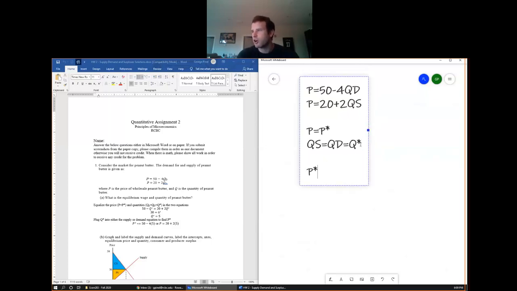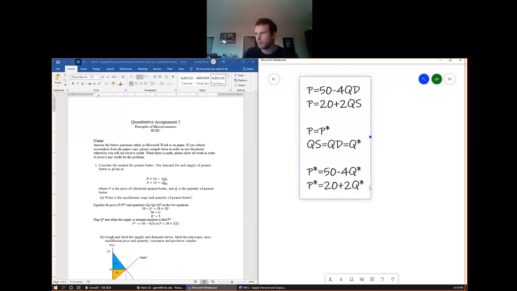So now I have P star is equal to 50 minus 4 Q star, and P star is equal to 20 plus 2 Q star. There are a few different ways to solve the system of linear equations. I could plug in this over here. I could subtract the two equations.